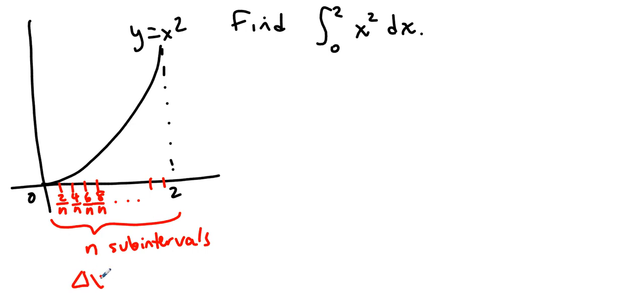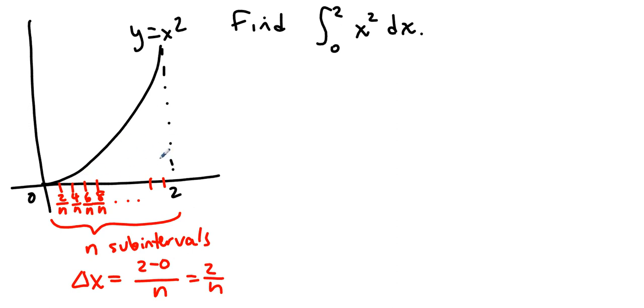So delta x is this difference divided by n. That's the delta x. So what about the heights? Well, the heights depend on these x values.